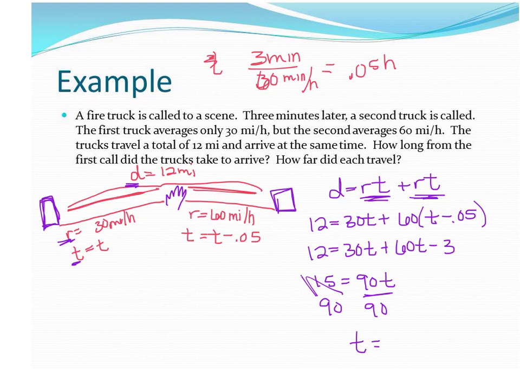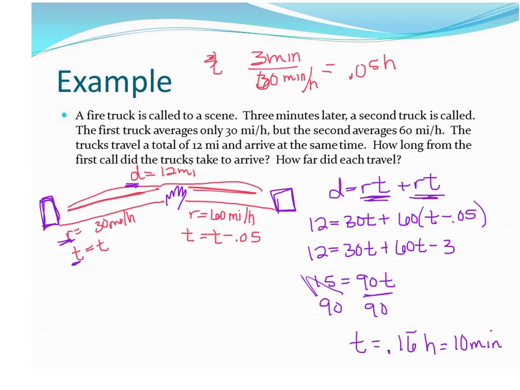So this is 0.16 repeating, and that's in hours. You might want to know what that is in minutes. Times it by 60, so that is 10 minutes.